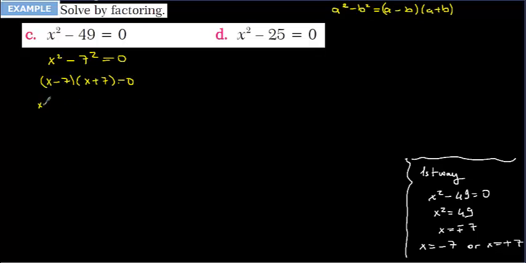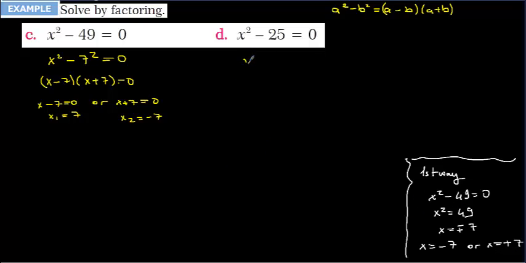Actually I missed this step: x minus 7 is equal to 0, or x plus 7 is equal to 0, so x1 is equal to 7, and x2 is equal to minus 7. Here you see we found the same results.